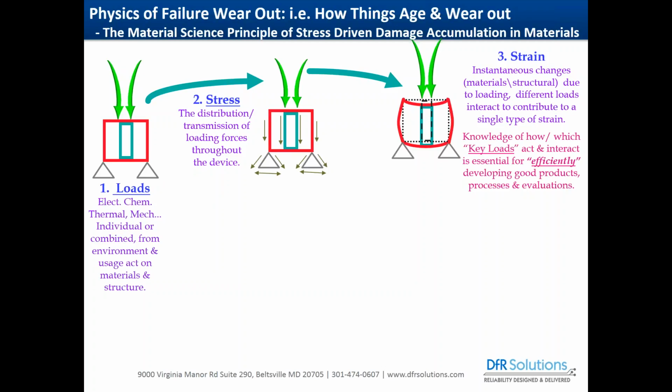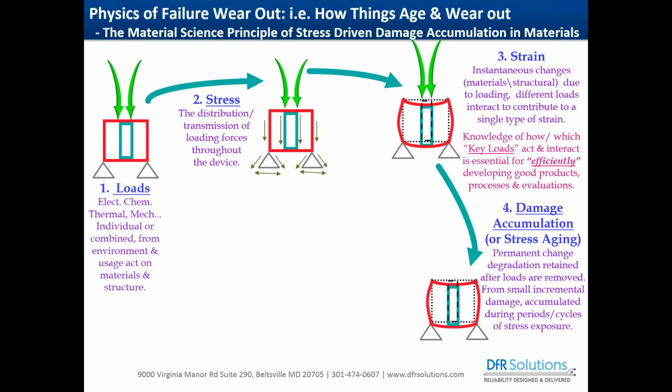So what we look to understand in physics of failure research is knowledge of how and which key loads act or interact to affect the product, and we want to use this information for effectively and efficiently developing good products, processes, and evaluation methods.